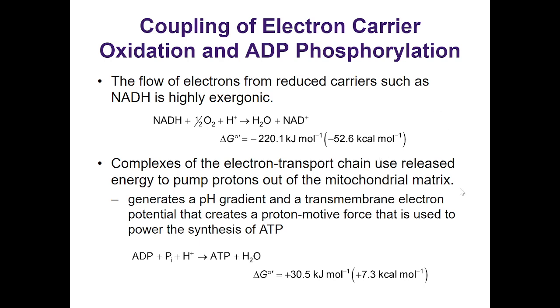So the complexes of the electron transport chain are going to be used to release the energy to pump protons out of the mitochondrial matrix into the intermembrane space. This is going to generate a pH gradient and a transmembrane electrical potential that will create a proton motive force that is used to power the synthesis of ATP.